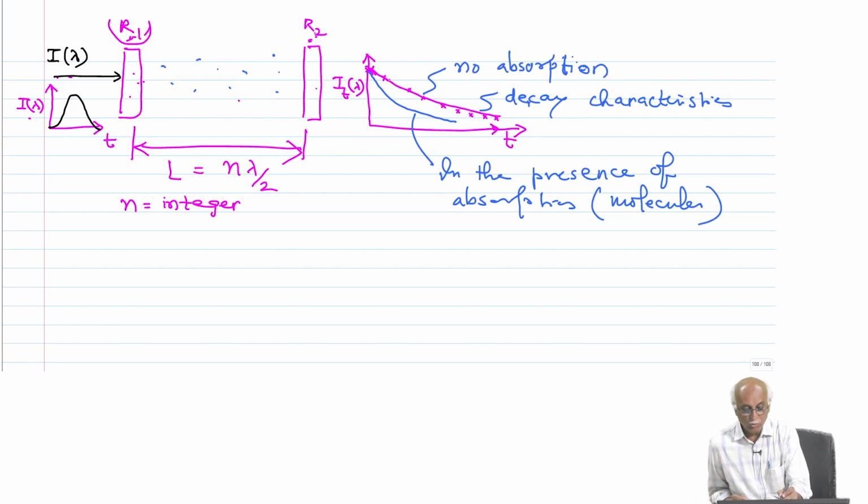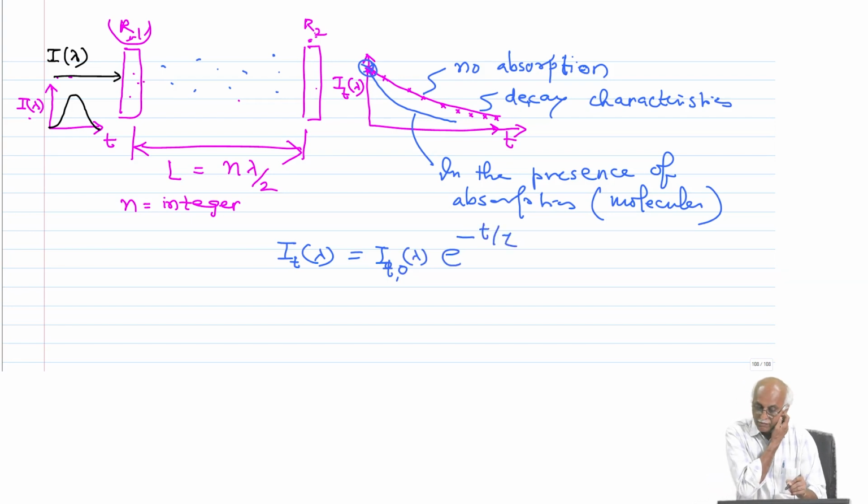So, how do we estimate the lifetime in an exponential decay? The transmitted intensity at lambda, let us say I_T at t equal to 0, is I_T0 at lambda, times the exponent of minus t by tau, where tau is the lifetime of this cavity.